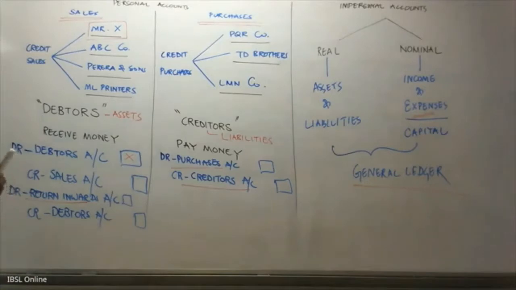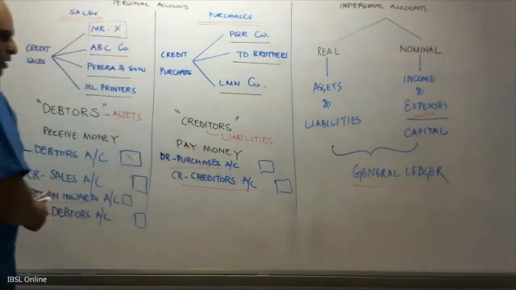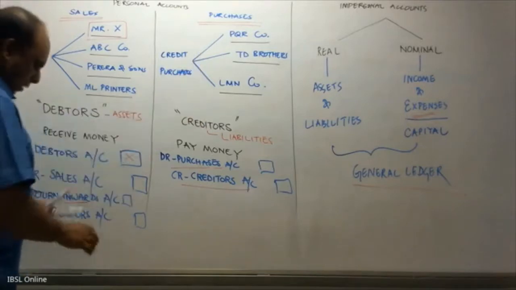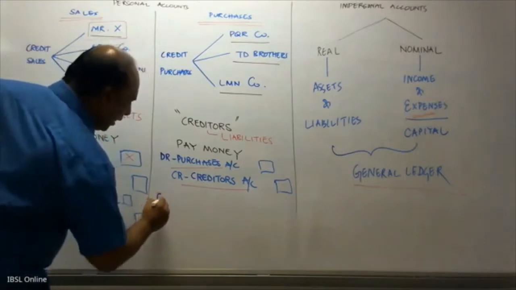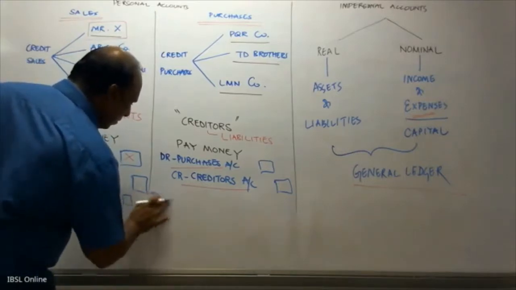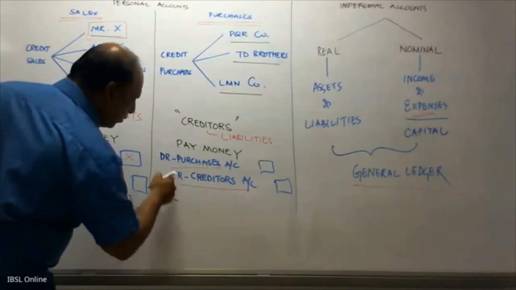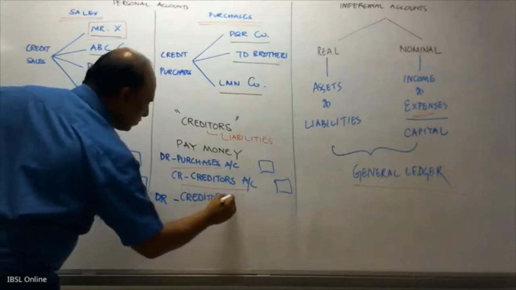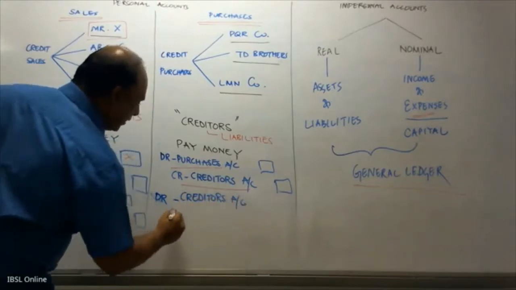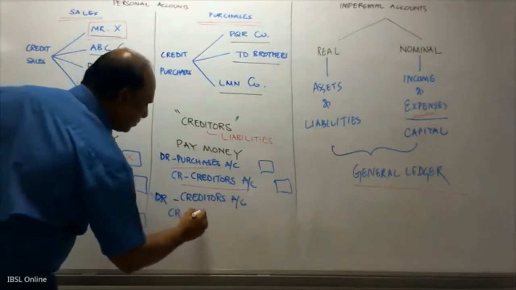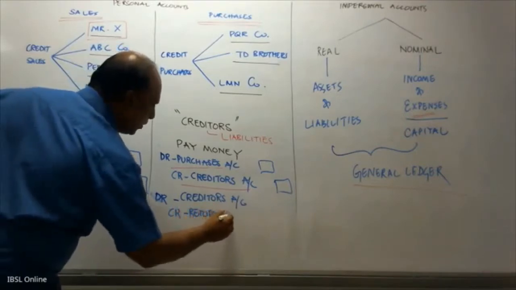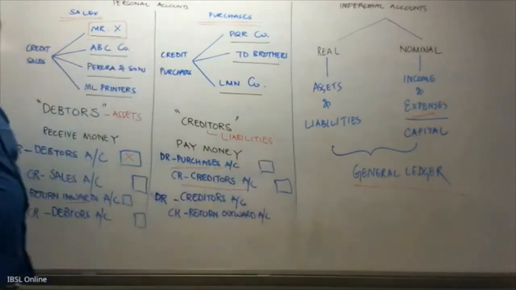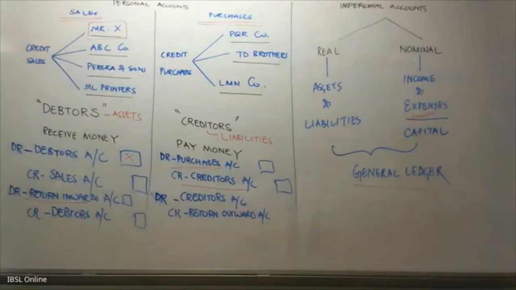Okay. Similarly, when a return happens, that is, you purchase some goods on credit terms and now you say that I don't want it. So you will debit your creditors and credit return outward. Okay, return outward.